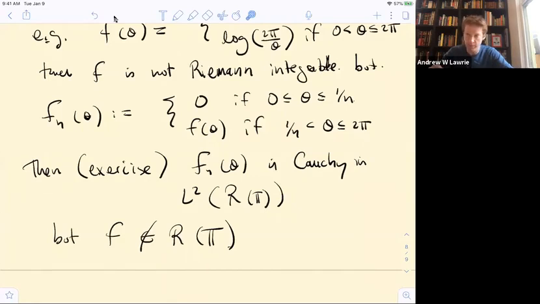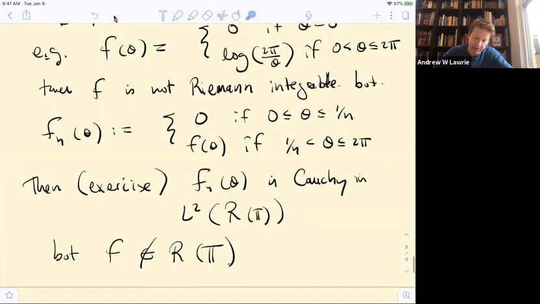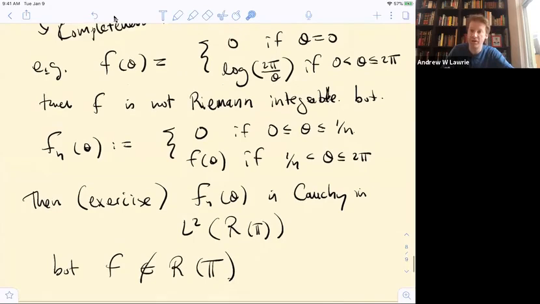It can be made as small as we like. So it's a Cauchy sequence, but if it converges to anything, it would have to converge to this function. That's clearly the only choice, for the f_n's to converge to f, but f is not Riemann integrable.